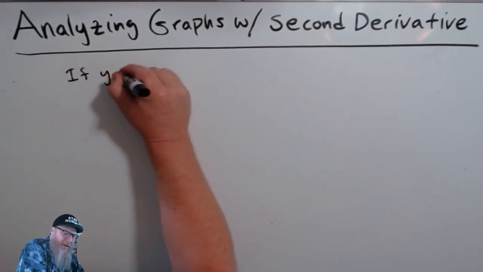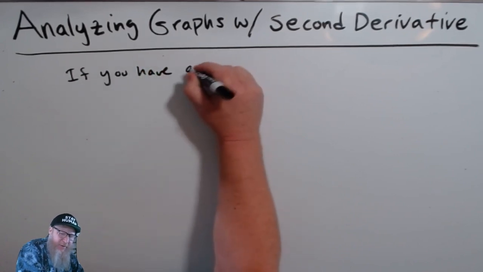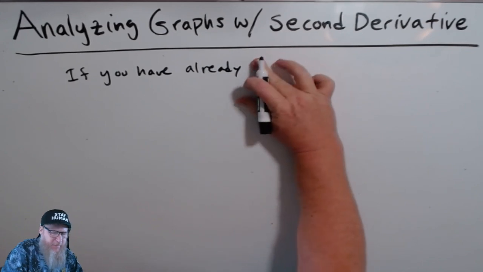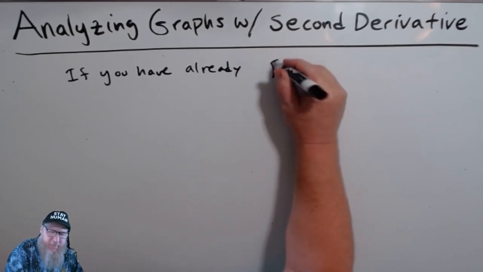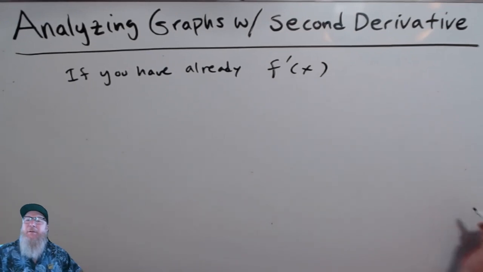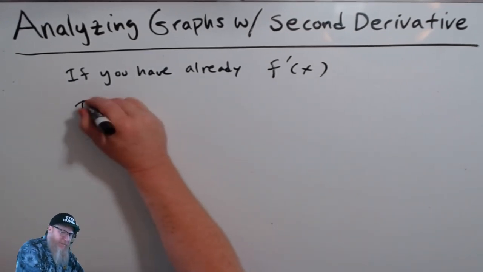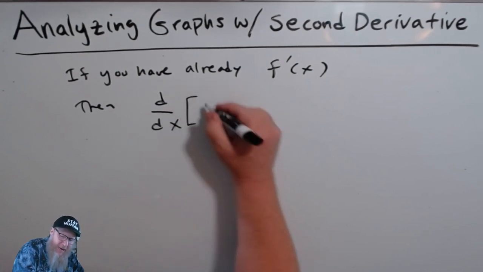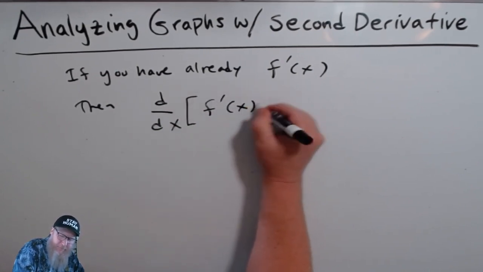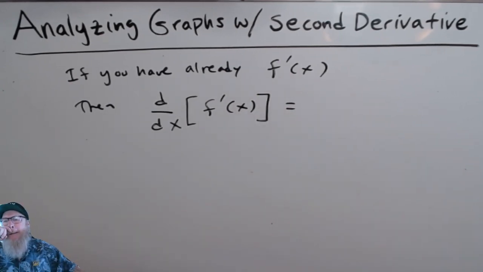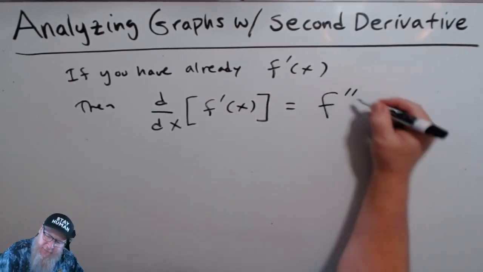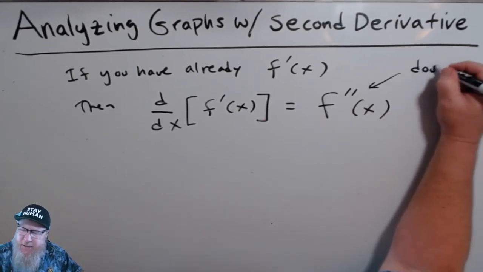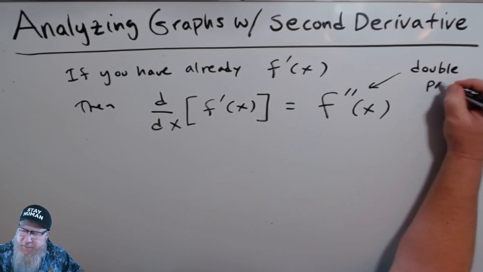So if you have already taken a first derivative, then you can differentiate it one more time. And we call that the second derivative, sometimes called double prime.